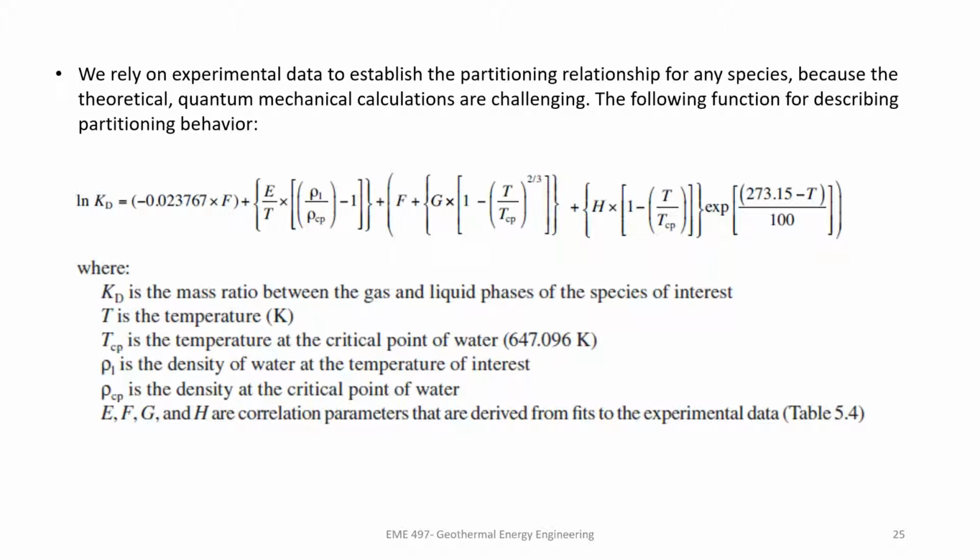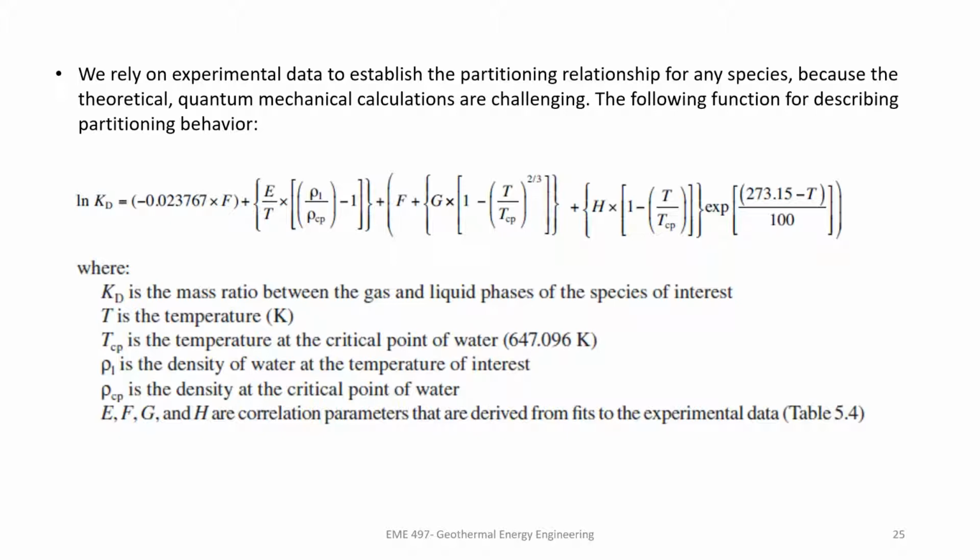The first term, Kd, is the mass ratio between the gas and liquid phase of a species of interest. T is the temperature in Kelvin. T sub Cp is the temperature of the critical point of water, and that's equal to 647 point almost 1 Kelvin.